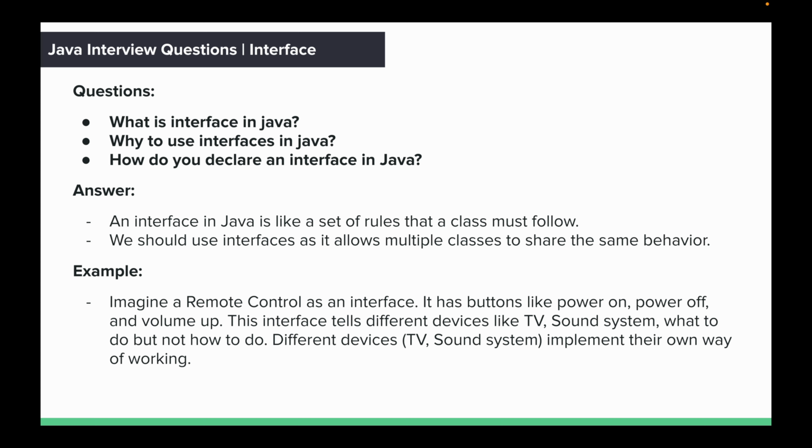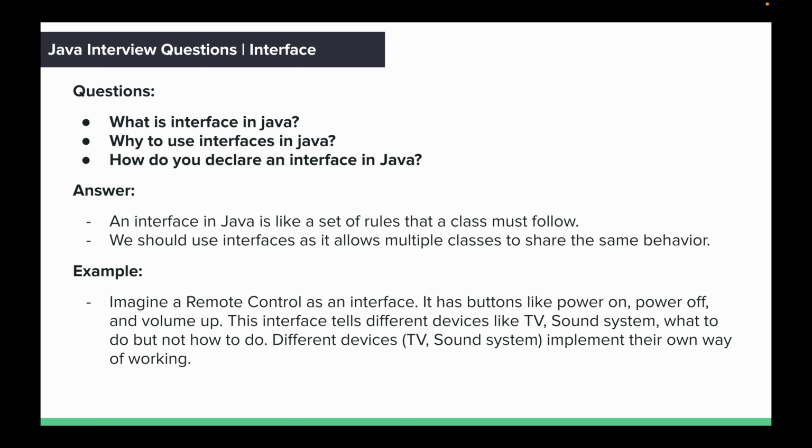Just to give some idea, let's try to understand it with one example. Imagine we have a remote control as an interface. It has buttons like power on, off, or volume up, down. The interface tells different devices like a TV or sound system what to do, giving actions like power on, power off, volume up, volume down.